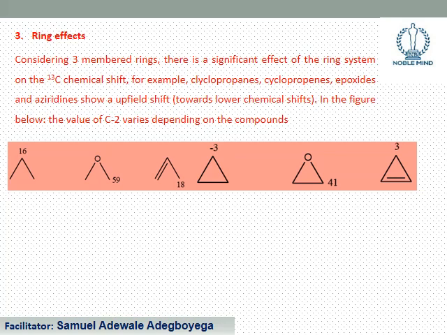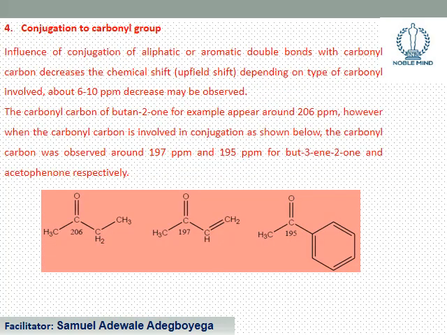So the C2 for all the compounds or molecules displayed on the slide is affected by the type of ring they are participating in. So you don't assume that carbon number 2 in all 3-member rings is always the same, or that carbon number 1 is always the same. It depends on the environment where they are participating, and that will also affect their chemical shift.